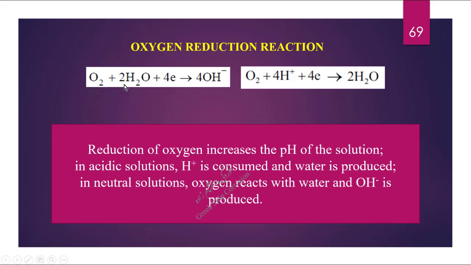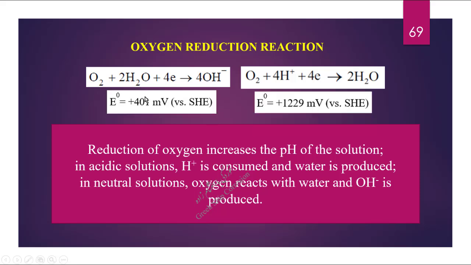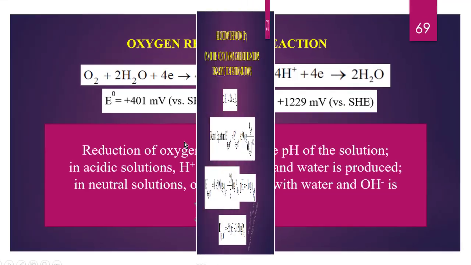Here, oxygen is reduced in a neutral solution and OH- is produced. In neutral solutions, E0 equals positive 401 mV versus standard hydrogen electrode, and in acidic solutions, E0 equals positive 1229 mV versus standard hydrogen electrode.